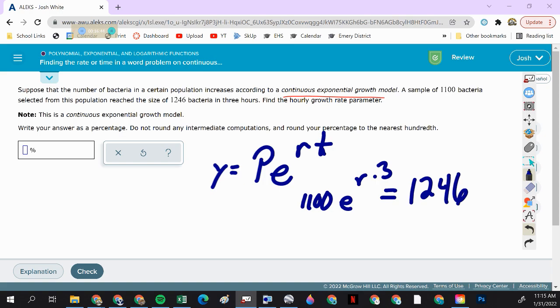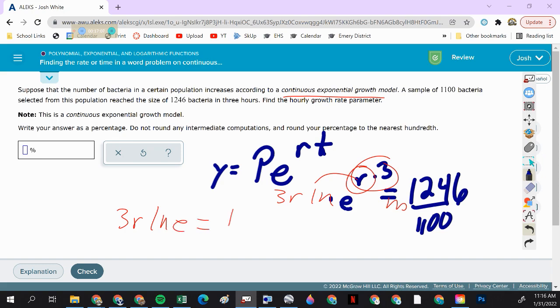So the goal here is to figure out how fast the bacteria are growing. So we divide by 1100. Then we ln both sides. Drop the 3r. So we get 3r ln e, which is equal to the ln of 1246 over 1100.